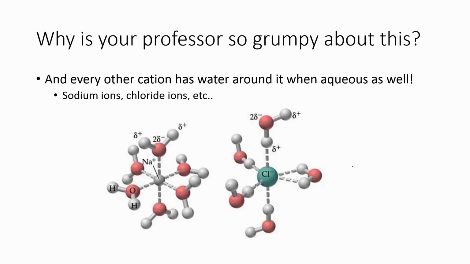On top of that, it's not like all the other cations and anions that dissolve in water aren't also surrounded by water. Sodium and chloride ions walk around all the time as basically H2O Na plus, or even more realistically, 3 or 4, maybe 5 water molecules. We're looking at maybe like H10O5 Na plus as the true situation in water.